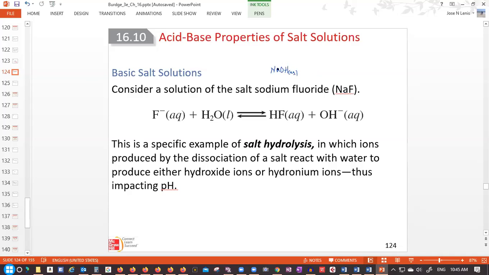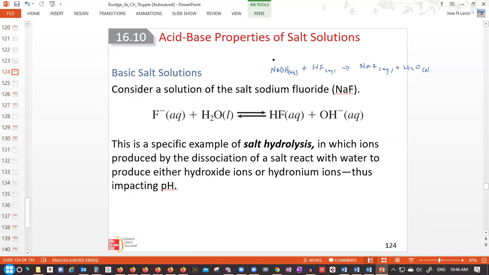So chances are that this sodium comes from sodium hydroxide, plus the fluoride portion of the salt. Yes, HF, an acid. When these two, the acid and base, react, they form the salt and water, liquid.